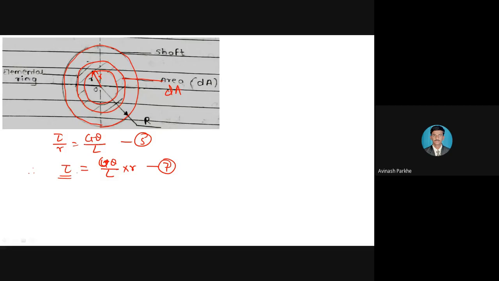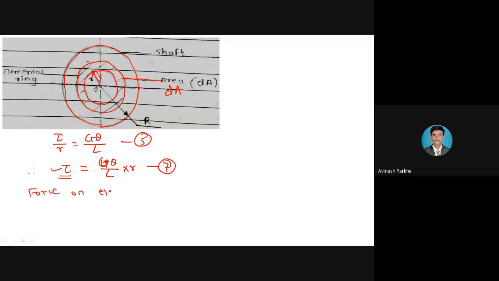Because the elemental ring is a part of that shaft, whatever shear stress is induced in the elemental ring, the same shear stress will be induced in the shaft. But just for further derivation, I can say that this tau represents the shear stress induced in that elemental ring. And by using that shear stress, let us calculate the force.